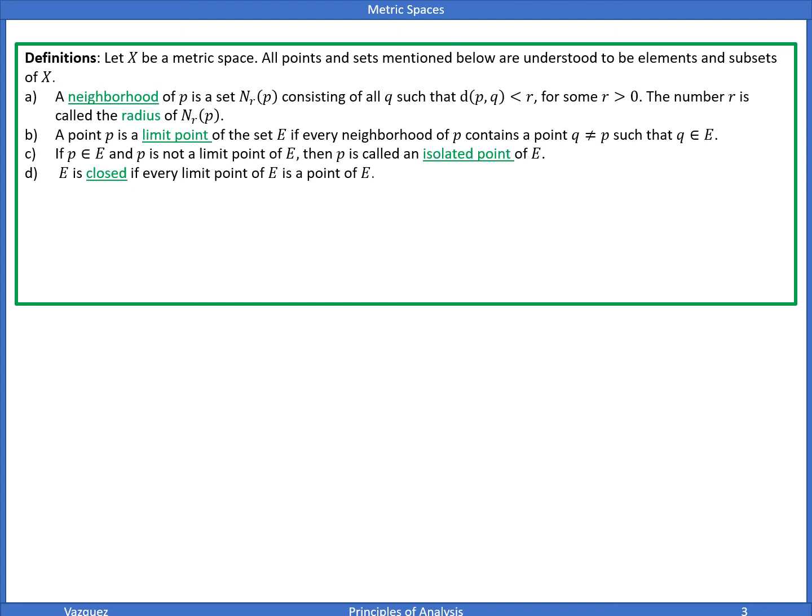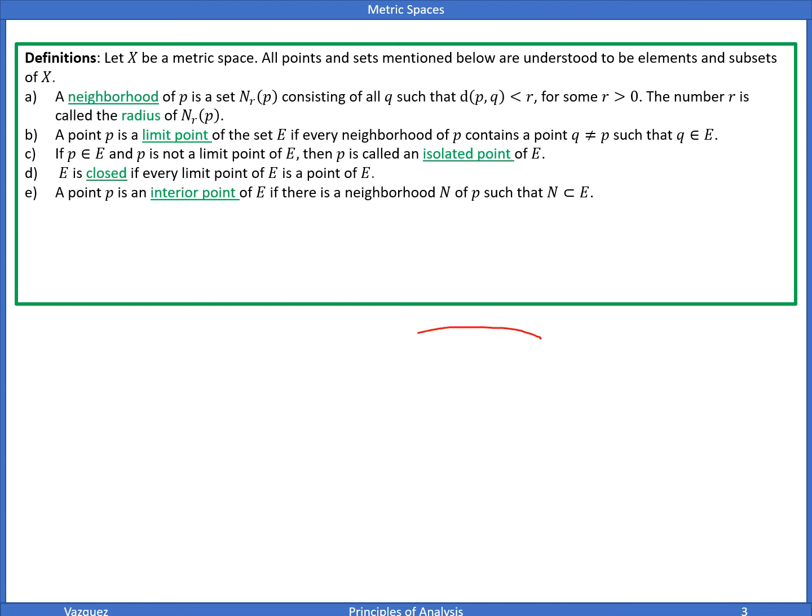E is closed, a set is closed, if every limit point of E is a point of E. That's how we define a closed set. An open set, oh, actually I don't have it yet, but a point P is an interior point of E if there's a neighborhood N of P such that N is contained in E. So just what you would imagine, the interior of a set E would just be whatever's inside. That's just how we define an interior point.